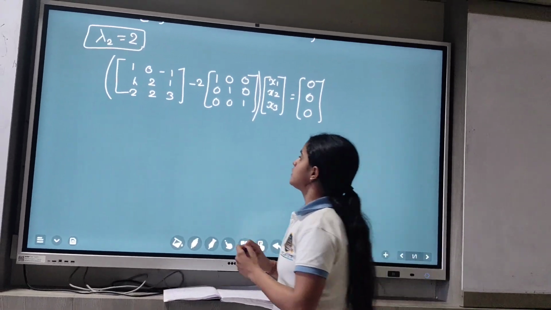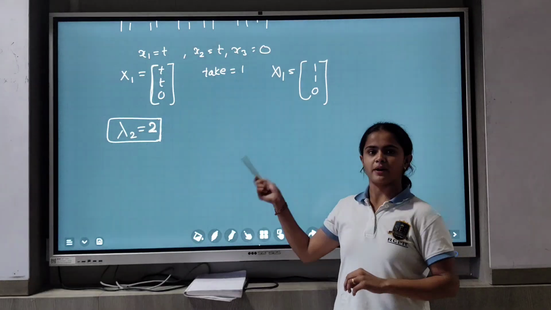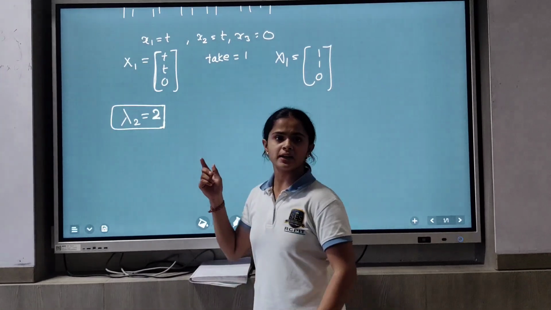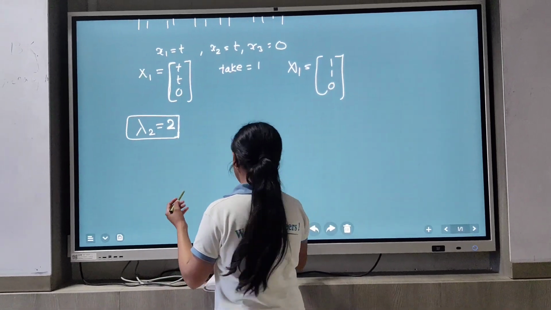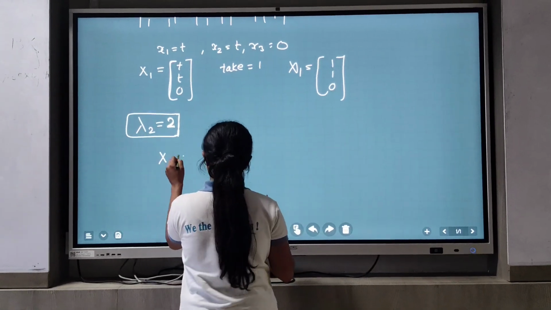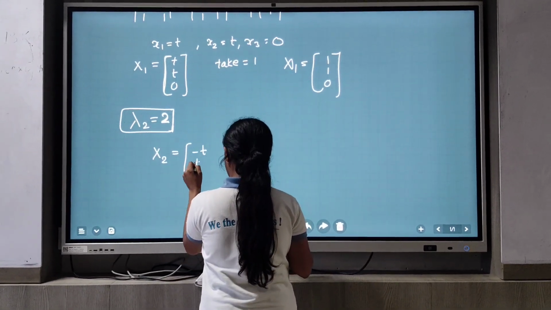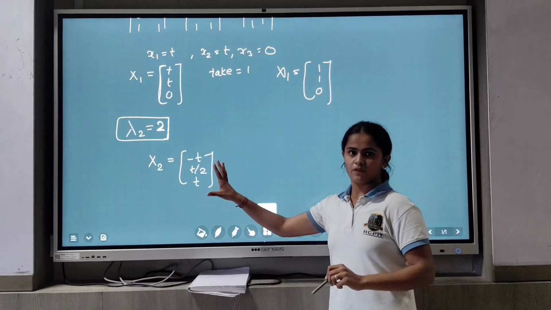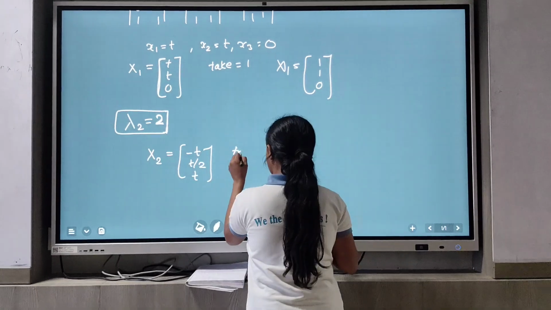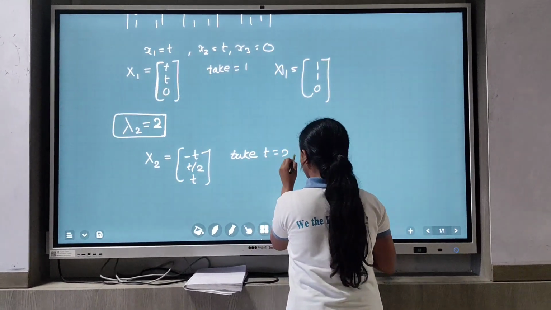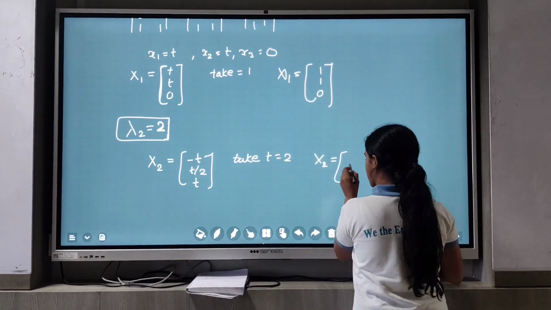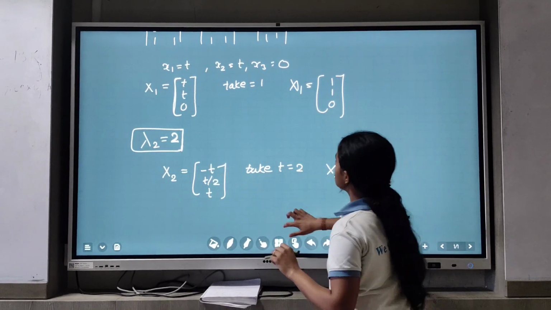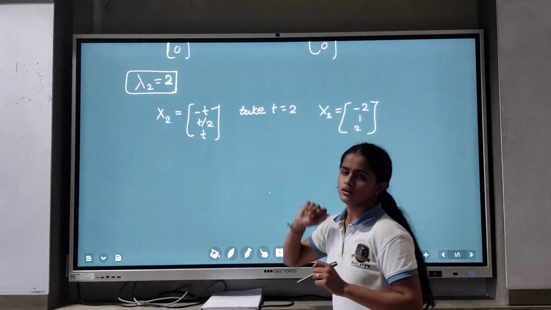Similarly for lambda 2, we follow the upper steps. This is the final answer for x2. First take t equals 2. Then our x2 is simplified to minus 2, 1, 2. So we have solved lambda 2.